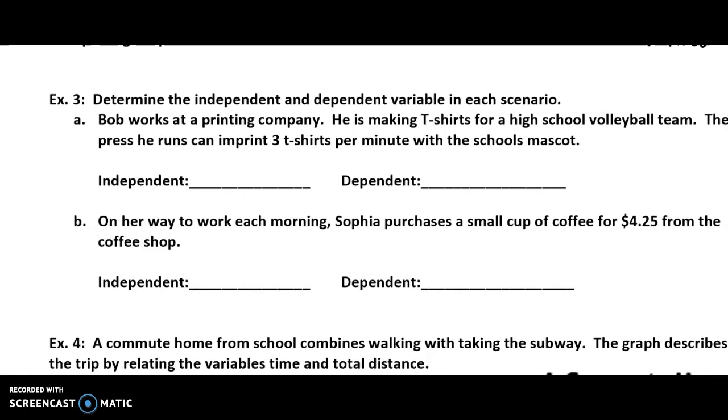So for exercise 3, we want to determine the independent and dependent variables in each scenario. Part A says Bob was working at a printing company. He is making t-shirts for a high school volleyball team. The press he runs can imprint 3 t-shirts per minute with the school mascot.